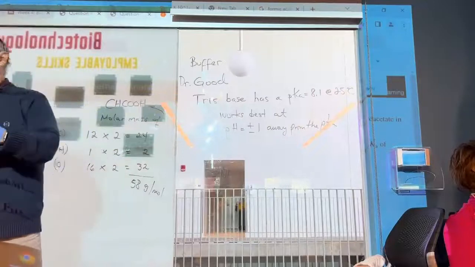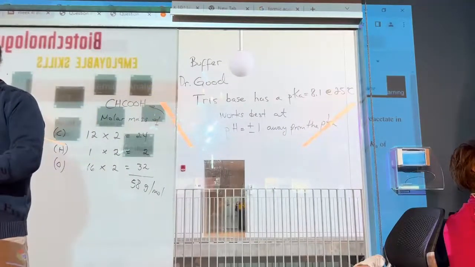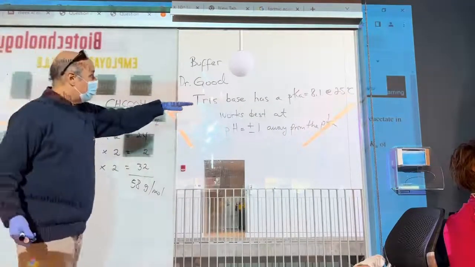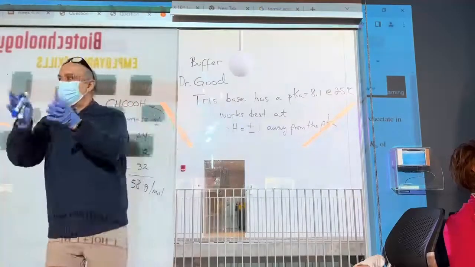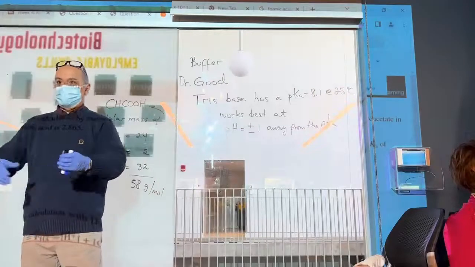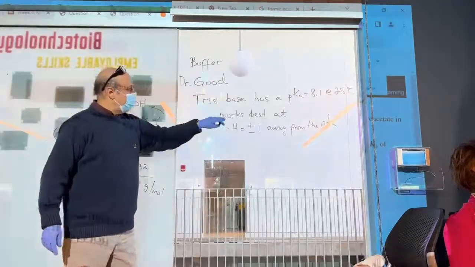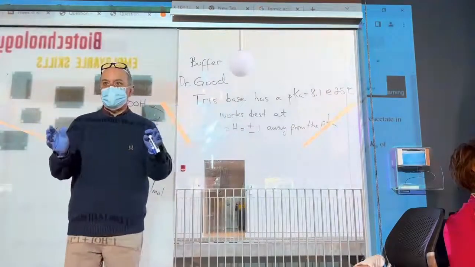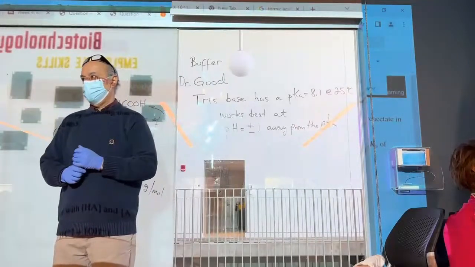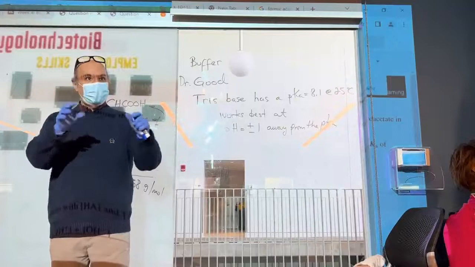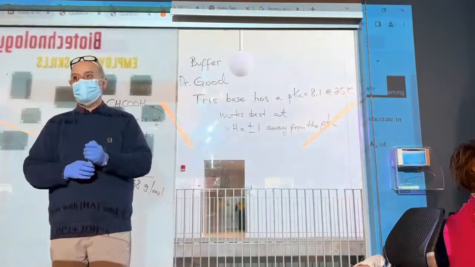But if you're looking at an enzyme that works best at 4, you better find a buffer that has a pKa of around 4. So to summarize, buffers work best at 1 or 2 pH units away from their pKa. You want to select a buffer on the basis of their pKa value.